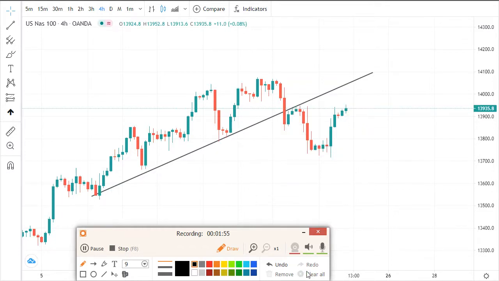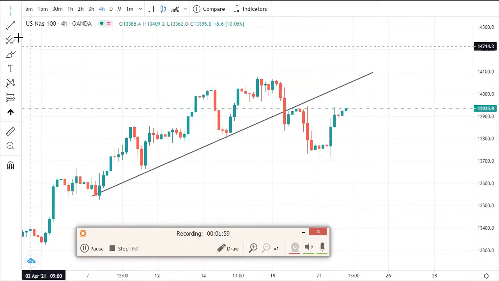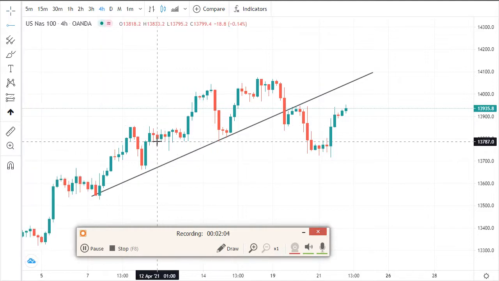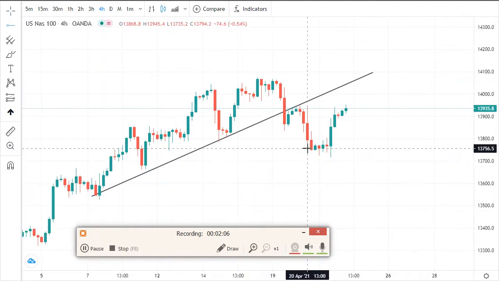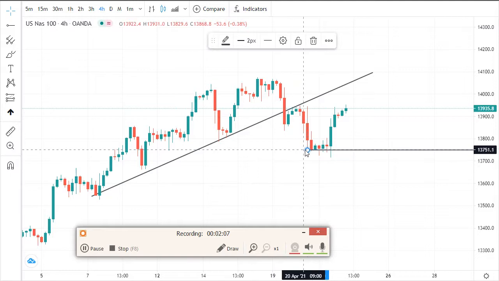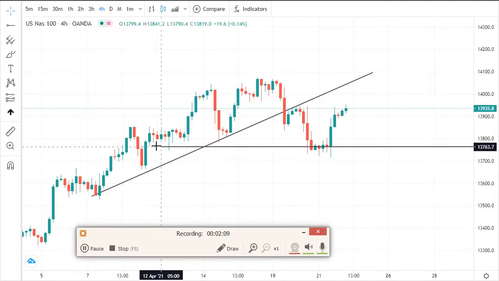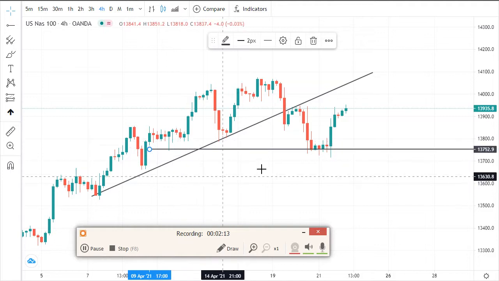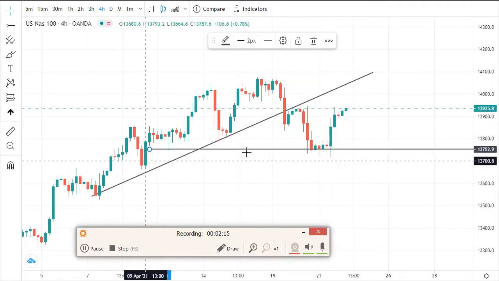So let's try to draw some nice lines there. You see this area. I'm not going to force this area to make sense with my previous areas, but you can see this around here.